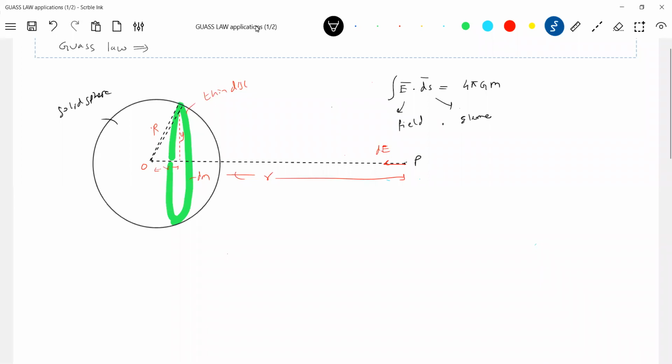Elemental surface. And 4 pi g, we already know g, the gravitational constant. And what is m? Mass enclosed by the Gaussian surface.